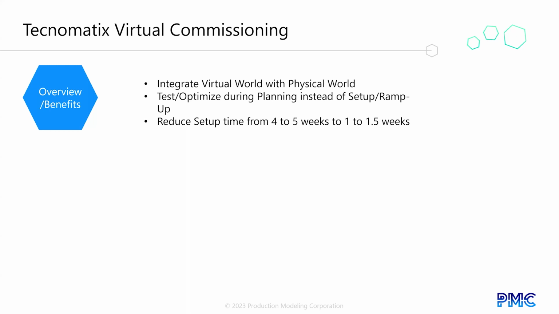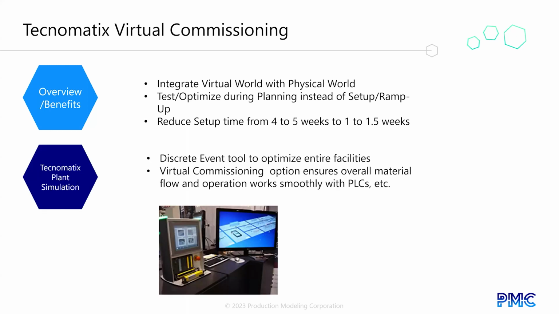Doing this cuts typical setup and ramp up time from 4 to 5 weeks to 1 to 1.5 weeks. In other words, time to job one is reduced and problems can be addressed before production starts. Besides being a very powerful generic discrete event simulation tool that can optimize an entire facility without commissioning, Tecnomatic's simulation virtual commissioning tools address overall factory issues.